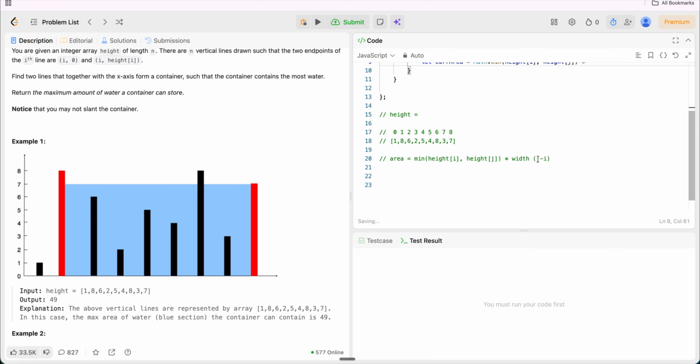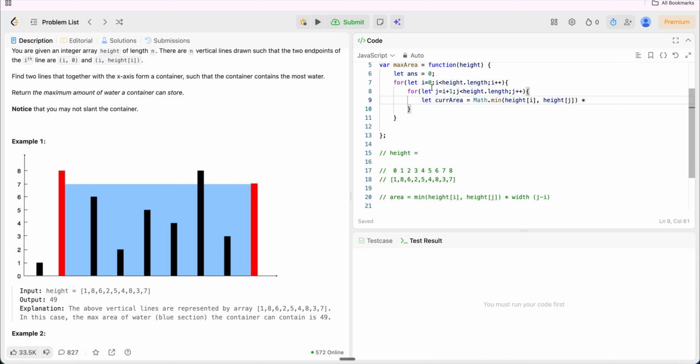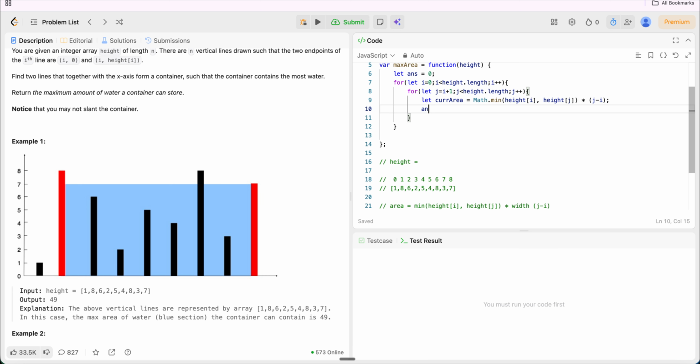How will we get the width? j minus i, because j will always be greater than i since j always starts from i plus 1, so it will be j minus i. Now if my current area is greater than my answer, I will just update it, and towards the end we will return the answer.